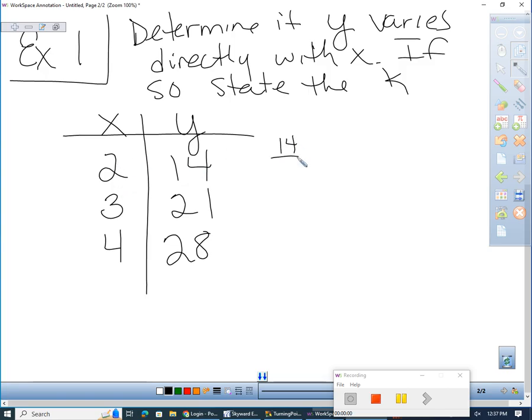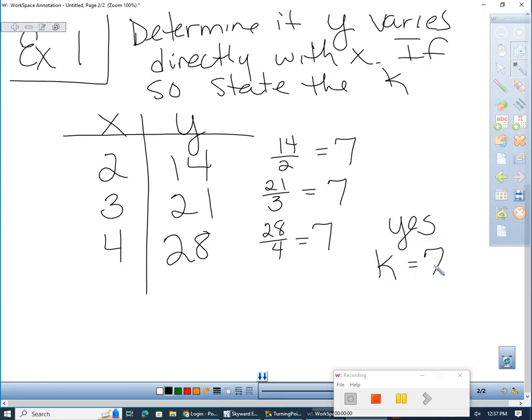So, 14 divided by 2 equals 7. In our second one here, we have 21 divided by 3 equals 7. 28 divided by 4 equals 7. So since they are all the same, doing y divided by x, this is a direct variation. Our k value equals 7, and if I was to write the equation for this, it would be y equals 7x. That's it.